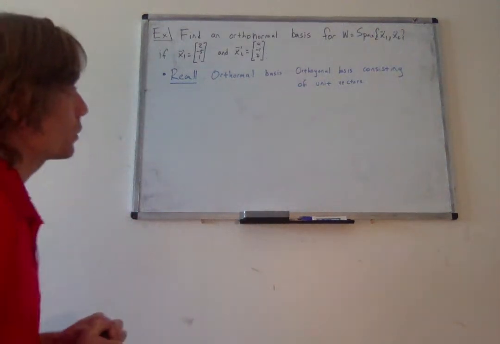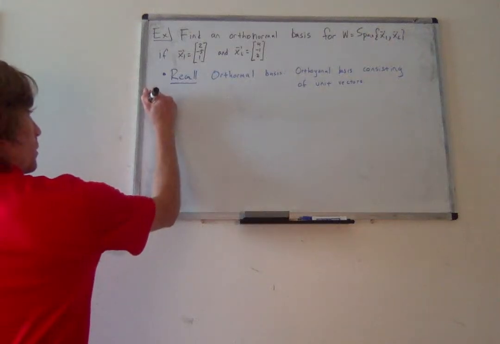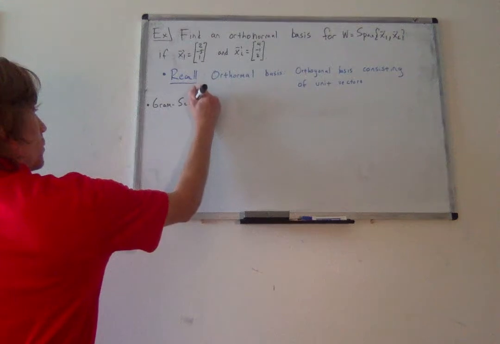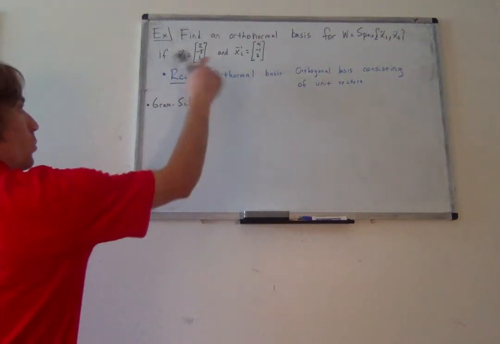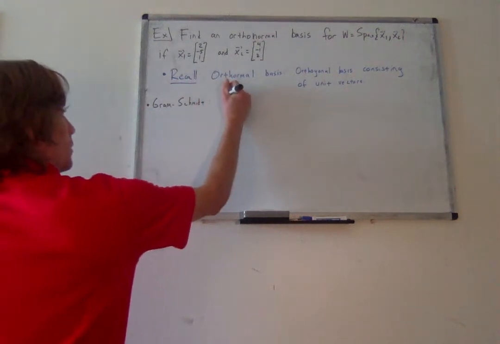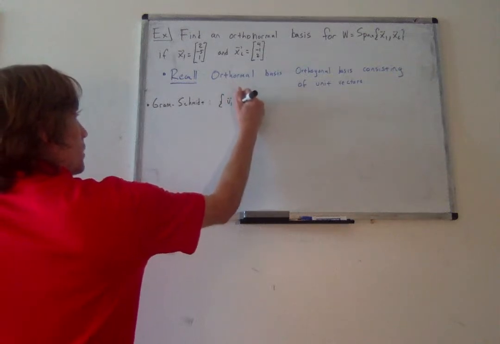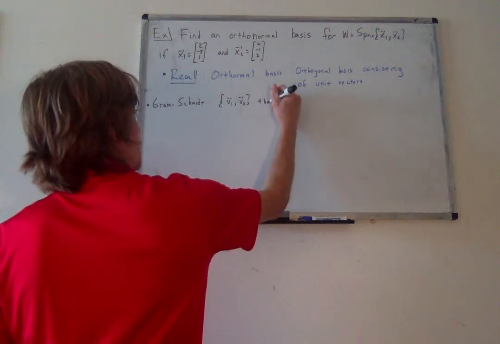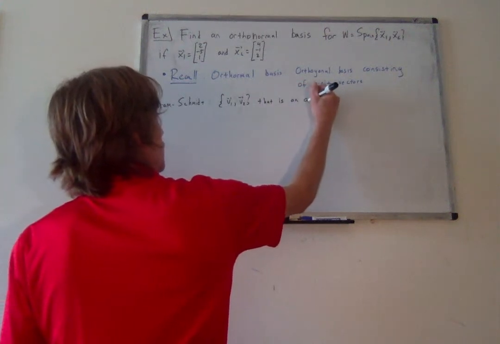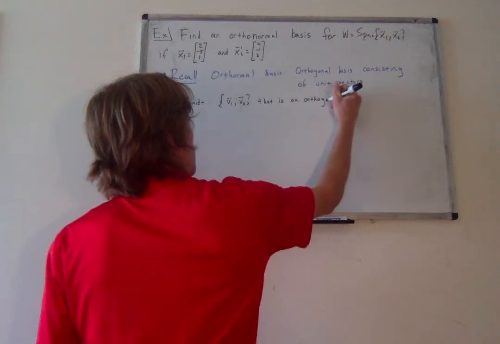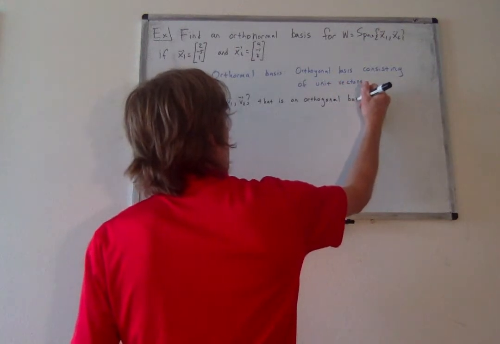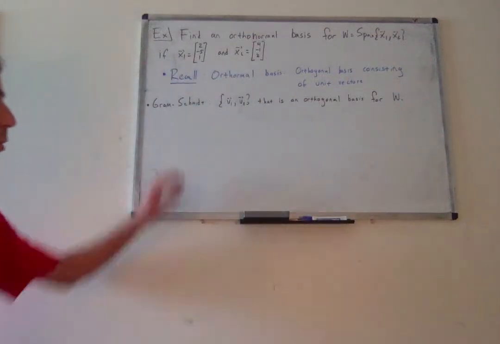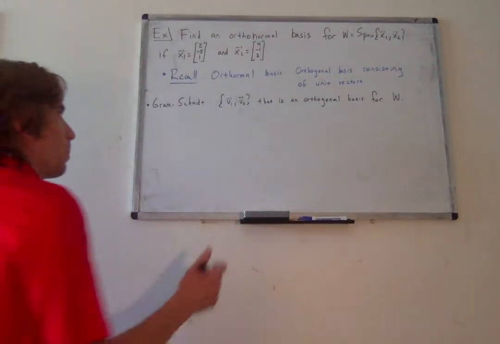But if we want to transform this into an orthonormal basis, first we're going to use the Gram-Schmidt process to find two orthogonal vectors, v1 and v2, that is just an orthogonal basis for W. So we're going to start by doing exactly what we did last video.